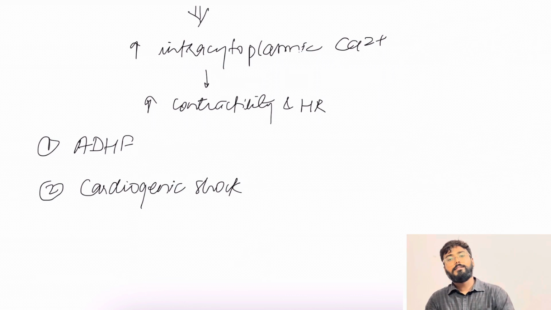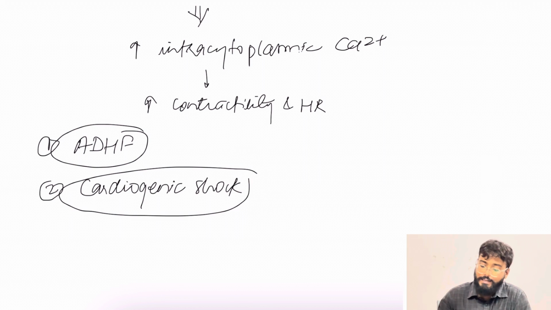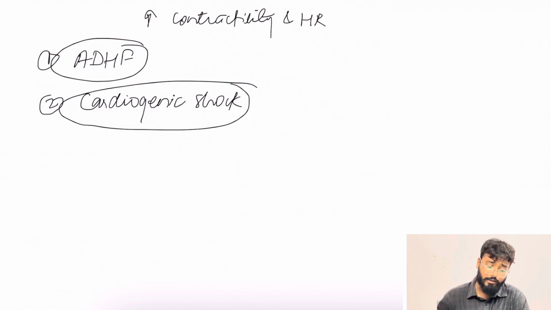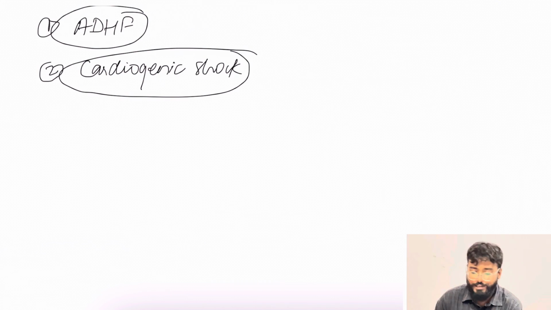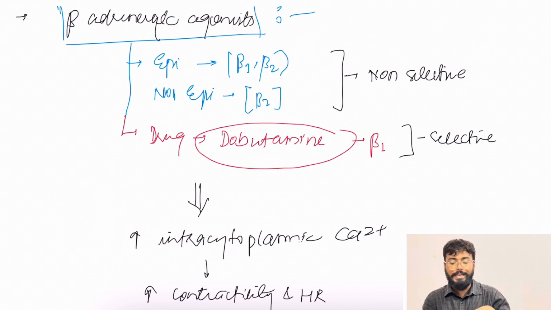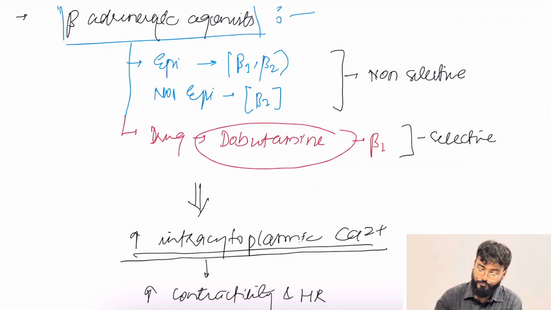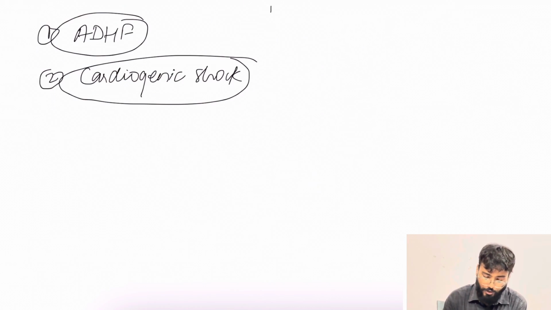In these two conditions, we really need to increase the contractility and heart rate of the affected heart. So what is the mechanism by which these beta adrenergic agonists increase intracytoplasmic calcium? We will see this.